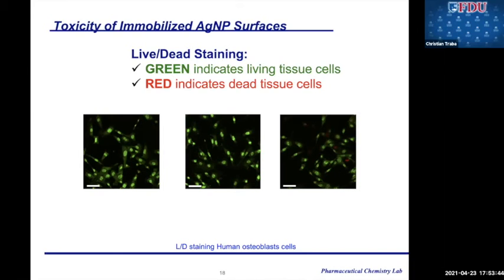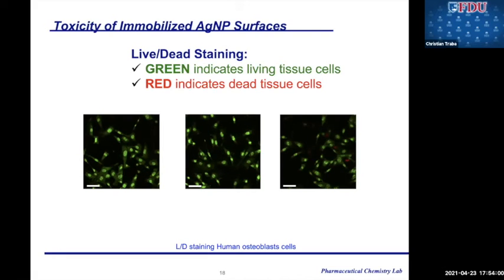The conditions of human fetal osteoblasts were monitored using, once again, confocal microscopy and the live dead staining kit. Remember, green indicates living cells, red indicates dead cells.